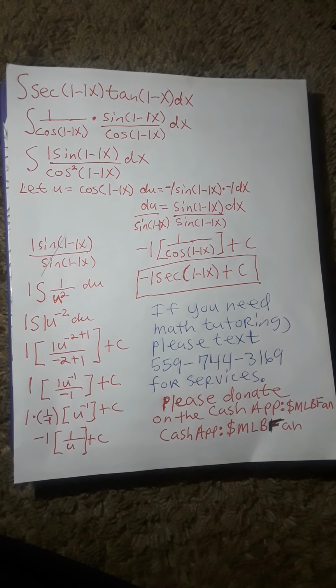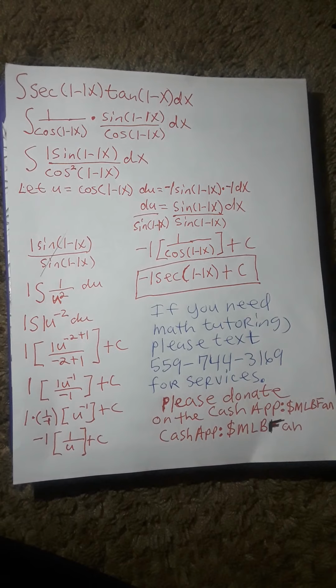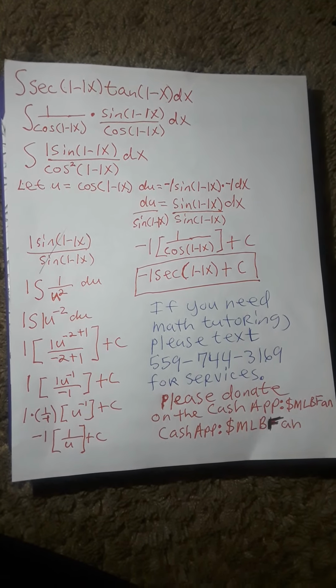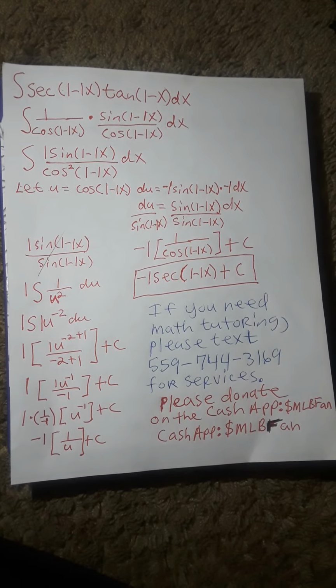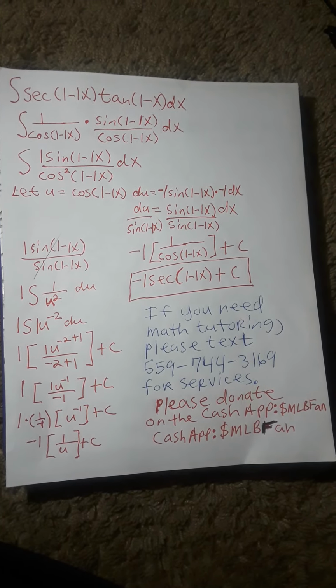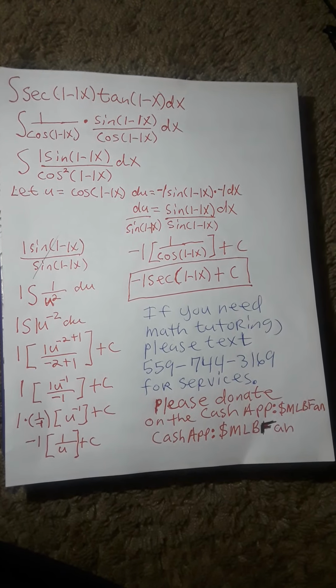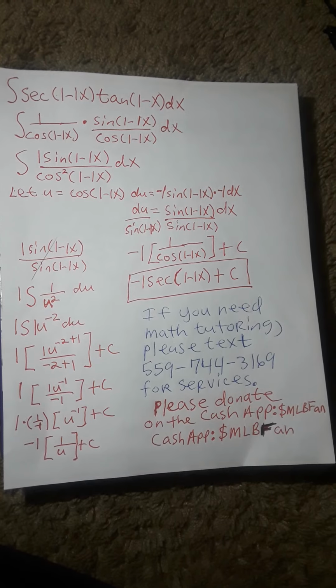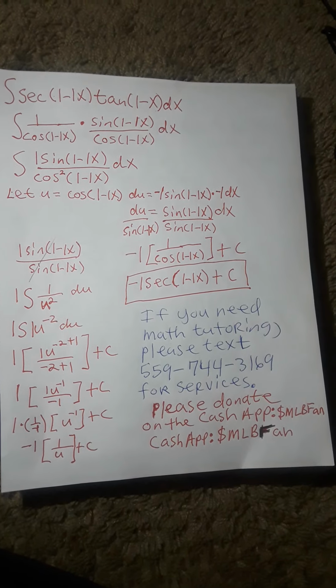Then we state 1 times the integral of 1 divided by u squared, because we substituted for cosine of 1 minus 1x. So it's going to be the integral of 1 divided by u squared du.